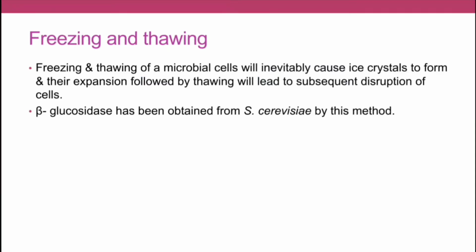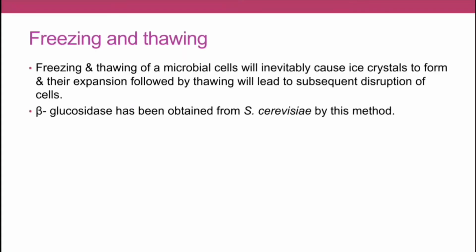Now, freezing and thawing. Freezing and thawing means what? Freezing means we keep the cells at very low temperatures, below 0 degrees Celsius, and then we thaw those cells. Thawing means bringing the cells back to normal ambient temperature.